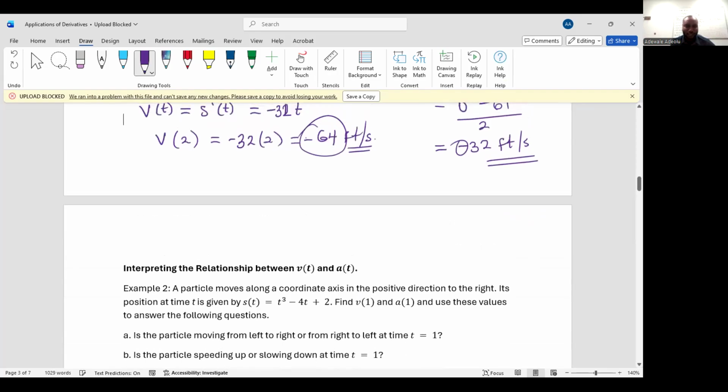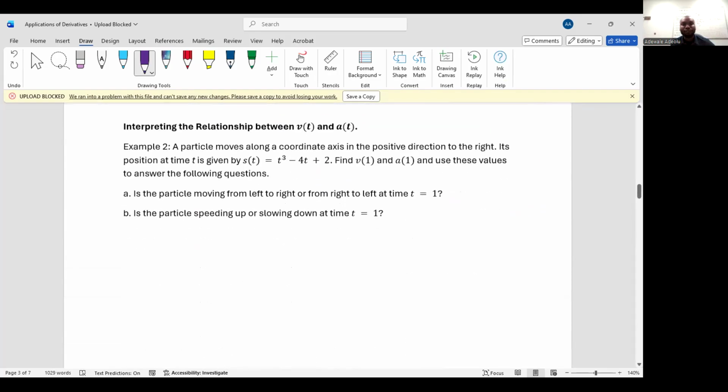Okay, let us also compare or interpret velocity and acceleration. A particle moves along a coordinate axis in the positive direction to the right. Its position at time t is given by this. So the position function is given as t raised to power 3 minus 4t plus 2.